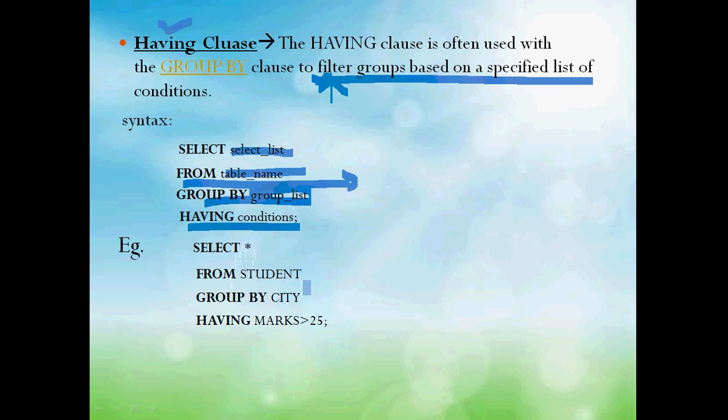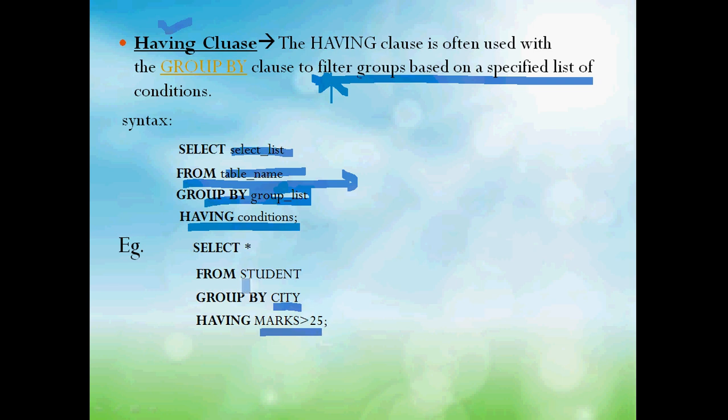Select star from student, group by city, having mark greater than 25. So you're categorizing the students based on the city they are coming from, and also you need the data of all the students who scored a mark greater than 25. That is your additional filtering.